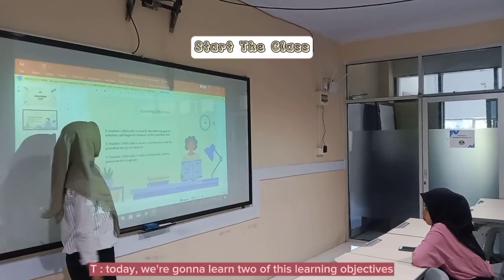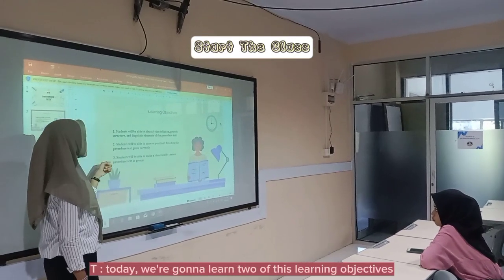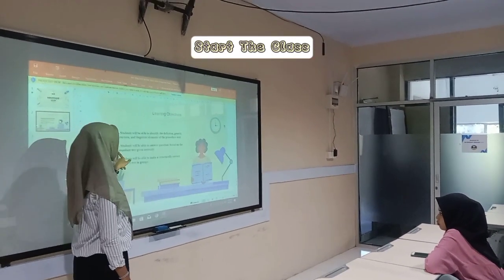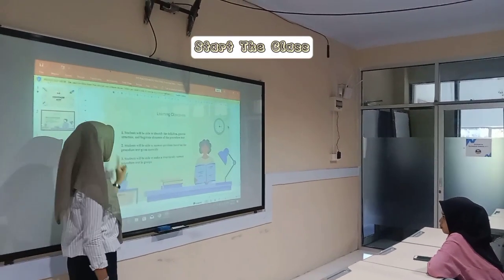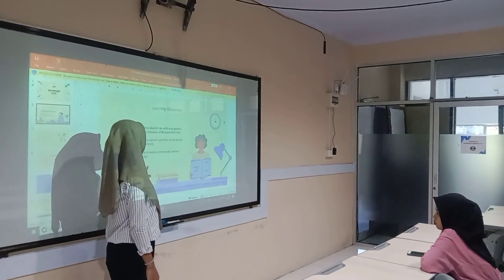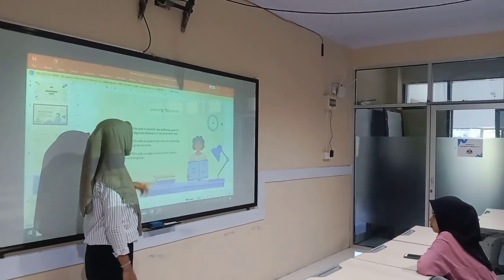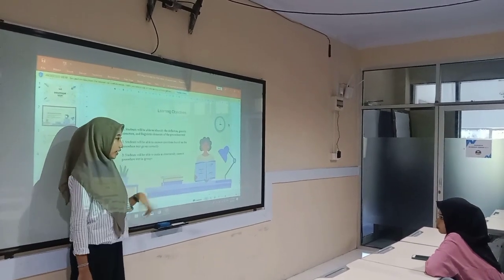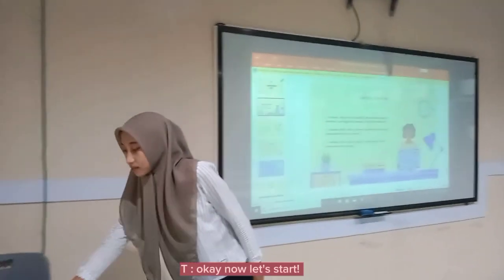So today we're going to learn two more learning objectives. The first one is that we will be able to answer questions based on the procedure text, and the last one is that you will be able to make a structurally correct procedure text in groups. Okay, you understand? Yes, ma'am. Okay, now let's start.